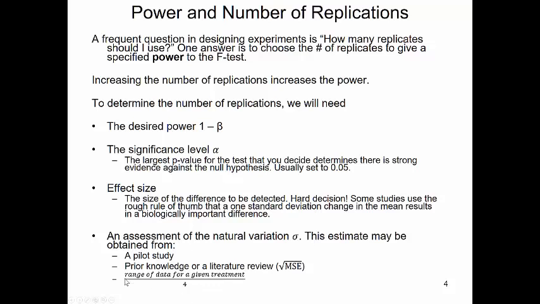Another, maybe less scientific, but at least an input, is you could use the range of the data for a given treatment and divide by 4. And this relates back to the empirical rule, because it says that 95% of your data should be within 2 standard deviations of the mean. So that spans 4 standard deviations.